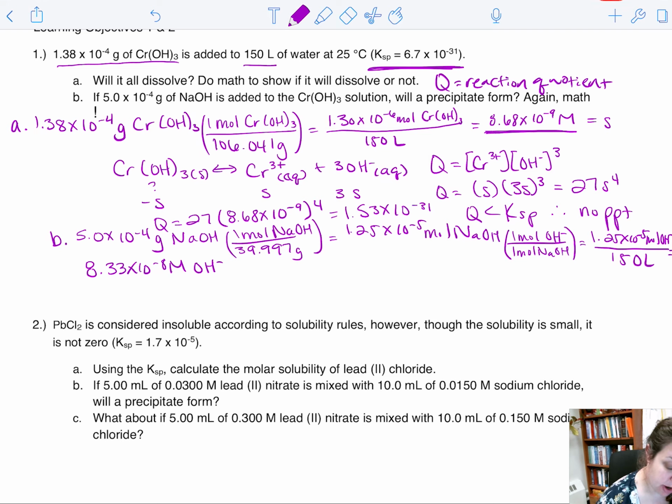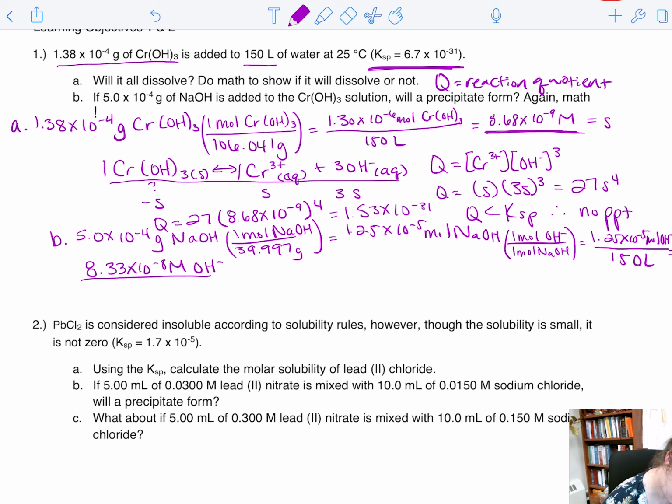So now we have our concentration of hydroxide and we have our concentration of chromium, because chromium and chromium hydroxide are in 1-to-1 ratios according to this equation. For every 1 chromium hydroxide, we produce 1 chromium 3+. So we'll put that in for chromium 3+, and we'll put this in for hydroxide, along with the contribution up here.